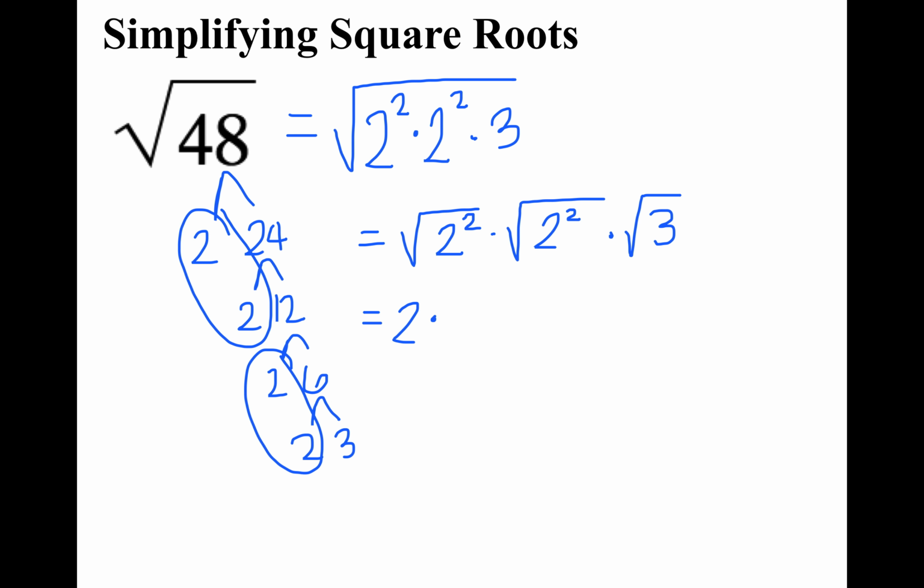Square root of 2 squared is also 2. And then I have the square root of 3, which means the square root of 48 is just 4 times the square root of 3, which is a simpler way of looking at that square root.